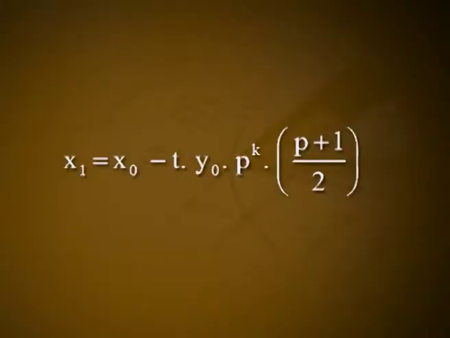Define x1 is equal to x naught minus t times y naught times p raised to k times (p plus 1)/2.